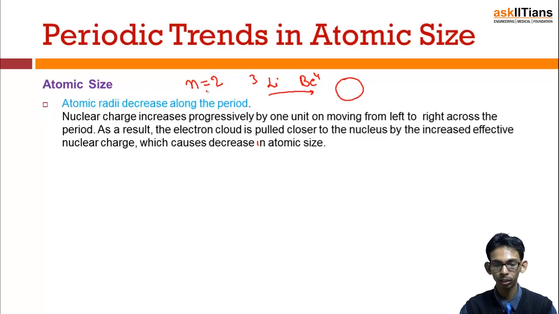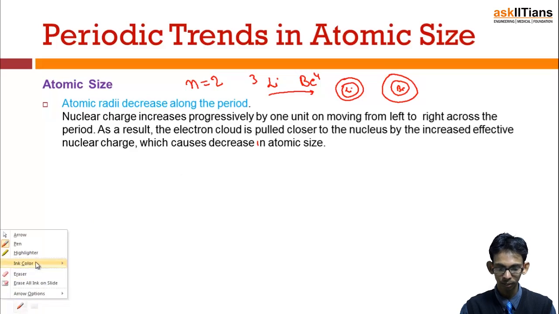This is, let's say, the lithium nucleus, and this is the beryllium nucleus, both with 2 shells.